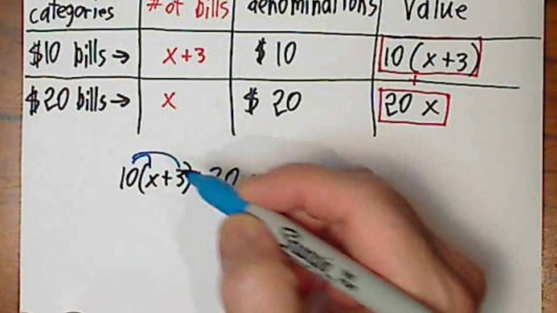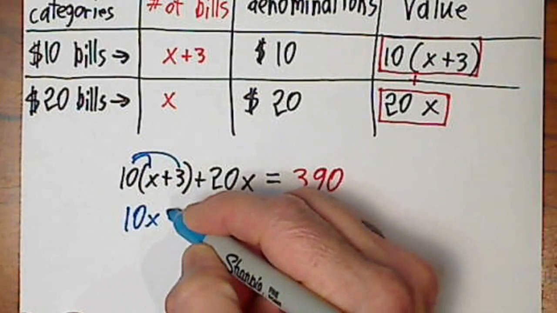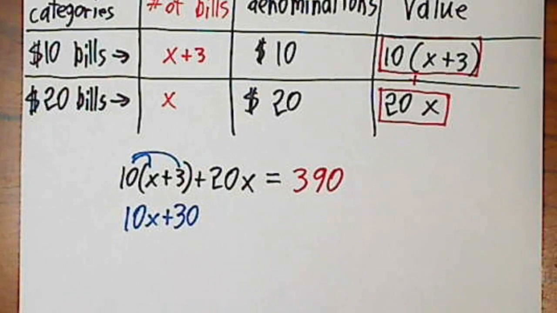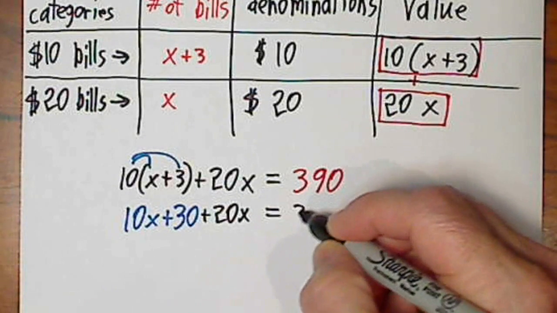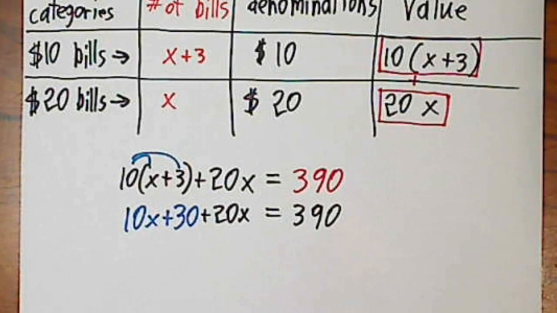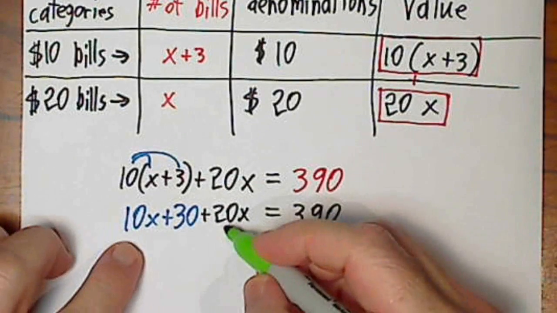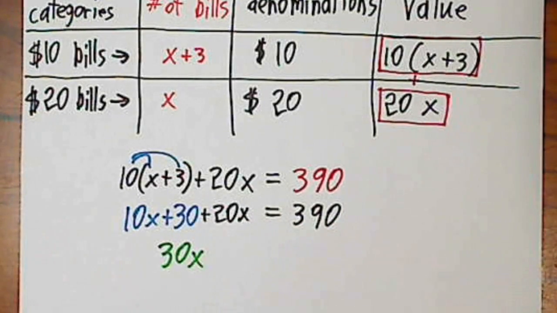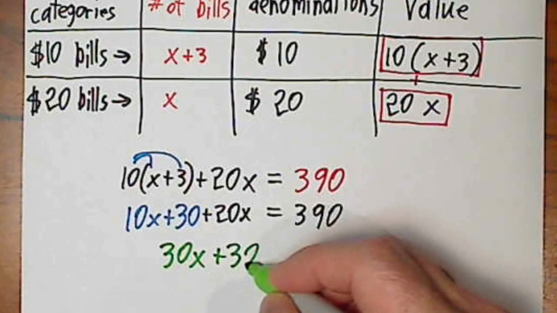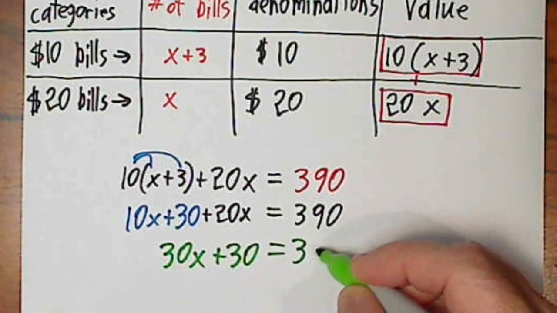We'll send our 10 into each term. Bring down whatever we haven't touched. And let's combine our like terms here. So we have 30x and then plus 30 equals 390.